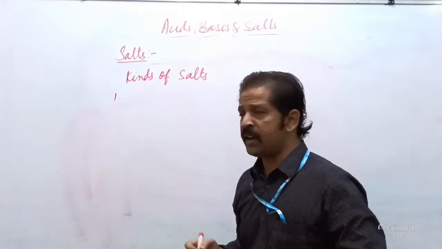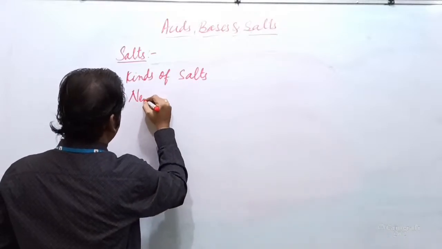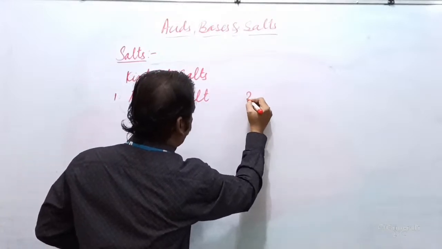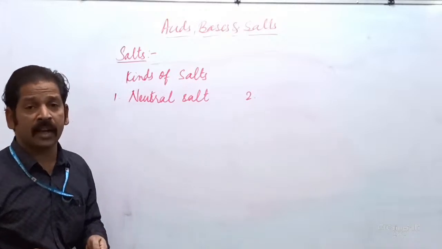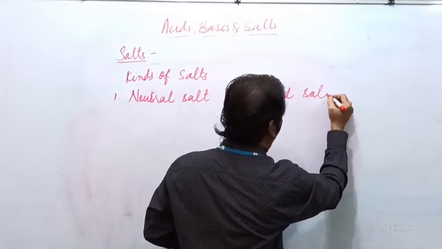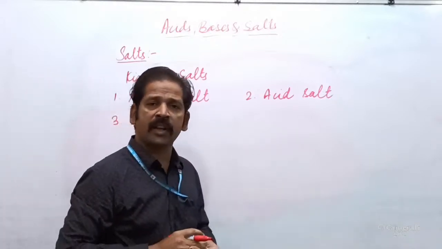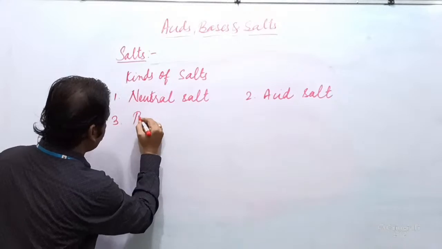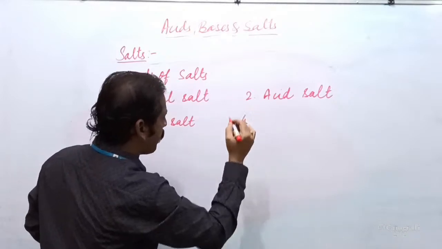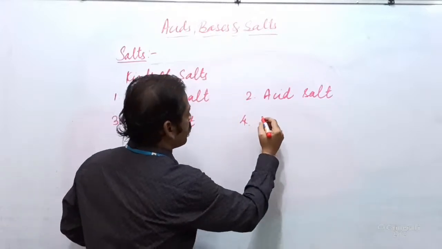The first kind of salt is a neutral salt, a normal salt. The second is acid salt. The third type is basic salt. The fourth is double salt.